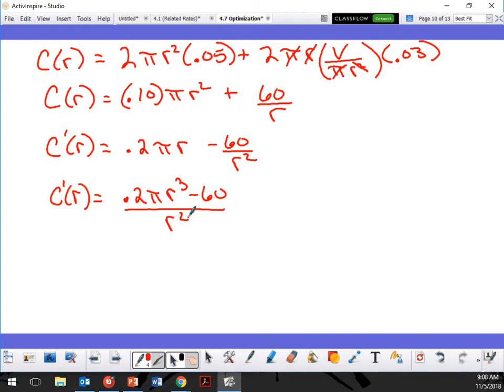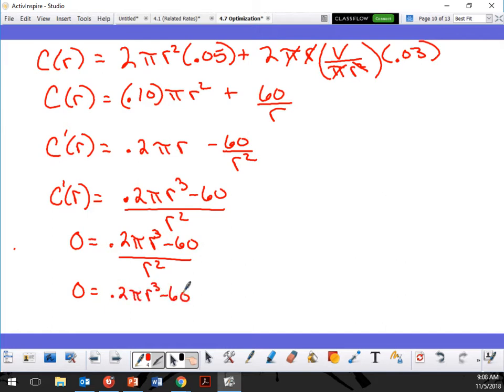Okay, all right, so now set it equal to 0. 0.2 pi r cubed minus 60 over r squared. And I like that r squared at the bottom because I can get rid of it. Multiply both sides by r squared, so I get 0 is equal to 0.2 pi r cubed minus 60.